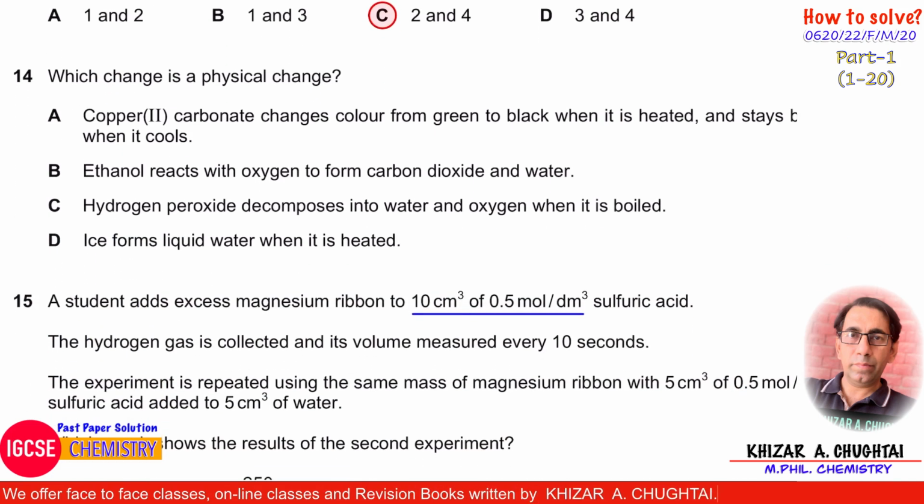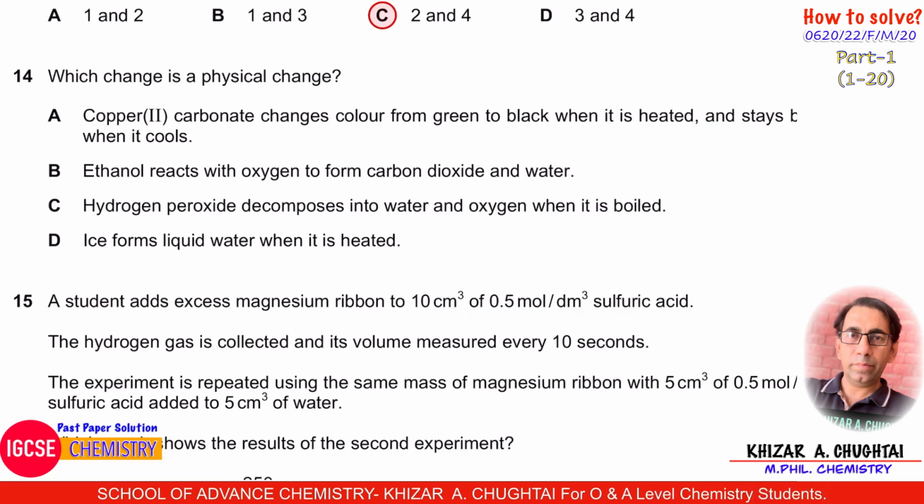Question number 14. Which change is physical? Which one is not going through a chemical process? Number 1, copper carbonate changes color from green to black when it is heated and stays black when it cools.